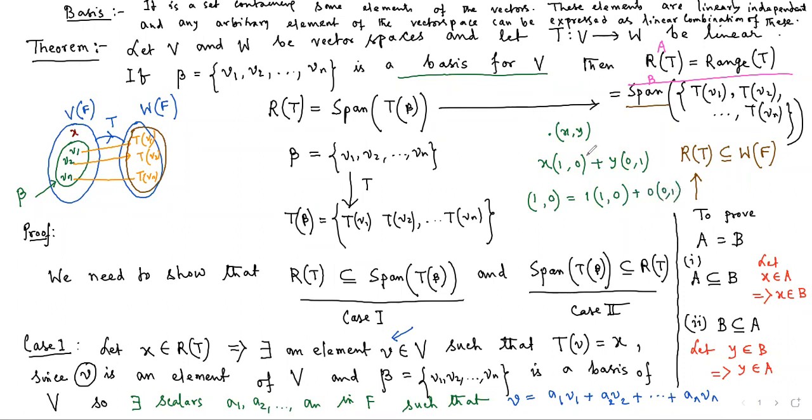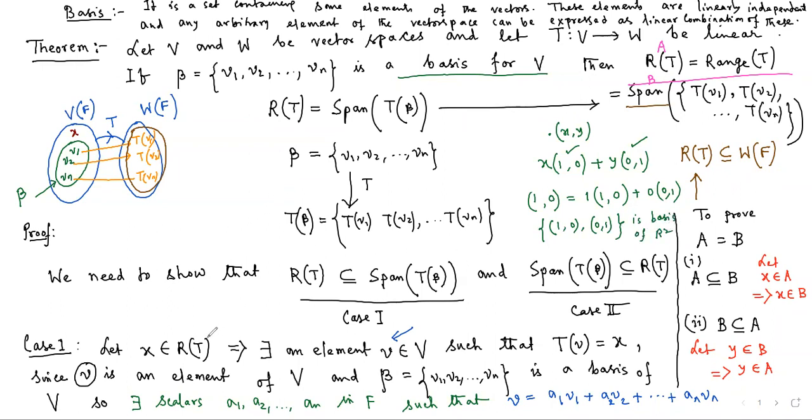Any element of the vector space can be expressed as a linear combination of these elements in R2 space. So (1, 0) and (0, 1) is the basis of R2. We explained it in our previous class.